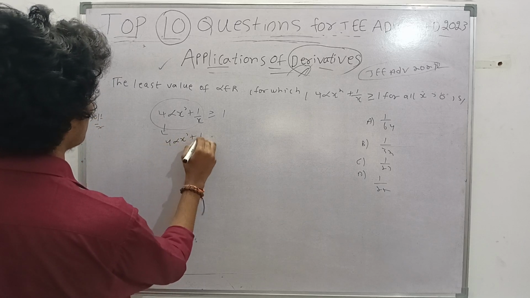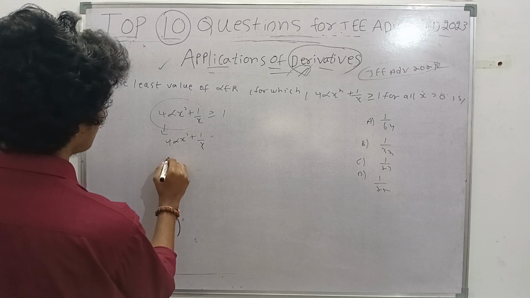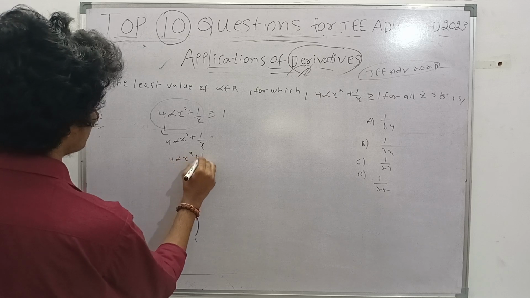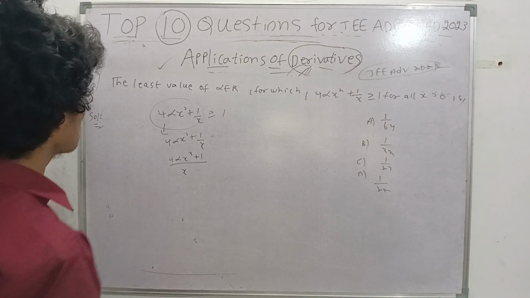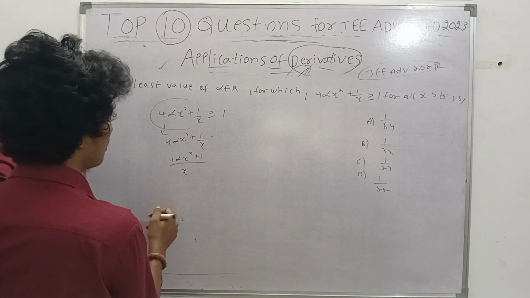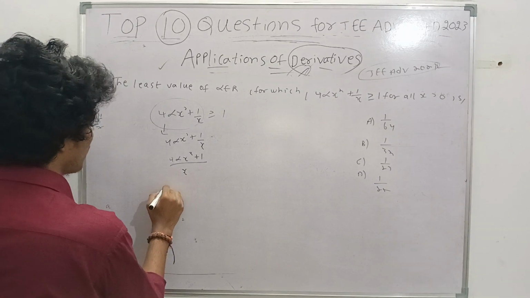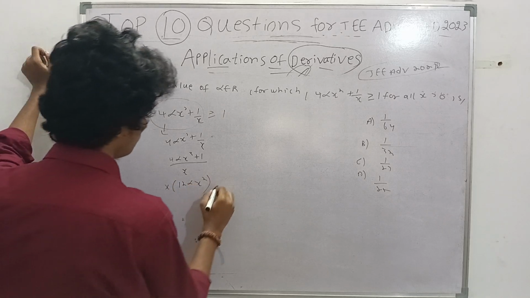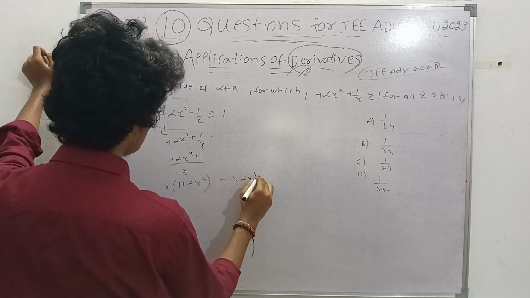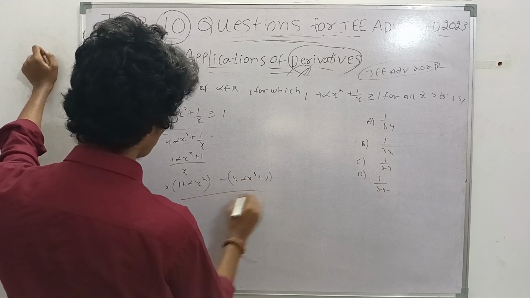4 alpha x square plus 1 by x. If we take the LCM, it will be 4 alpha x cube plus 1 divided by x. Now if you do the differentiation, what will you get? x into 12 alpha x square minus 4 alpha x cube plus 1 into 1, divided by x square.